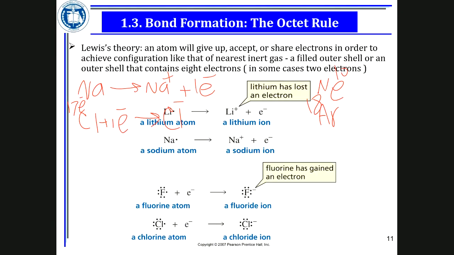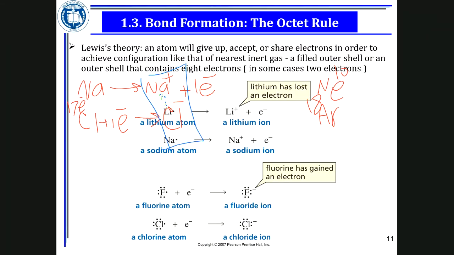And this is a strong attraction between the opposite charges. So ions form first, and then there's electrostatic attraction between the opposite charges.